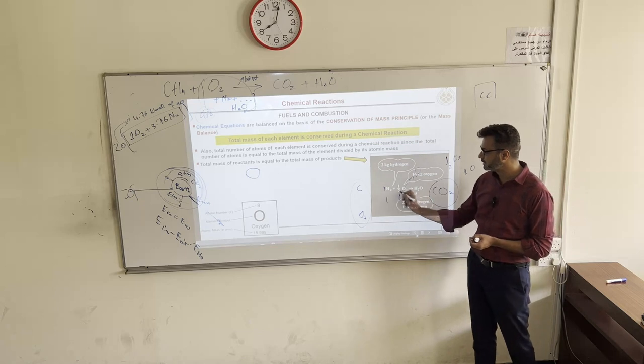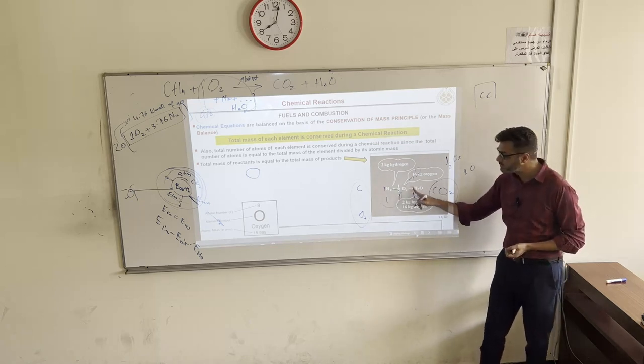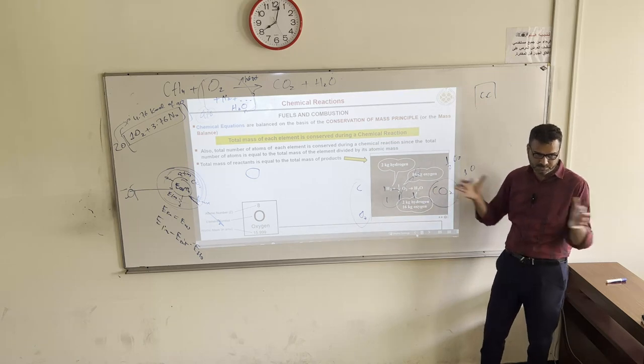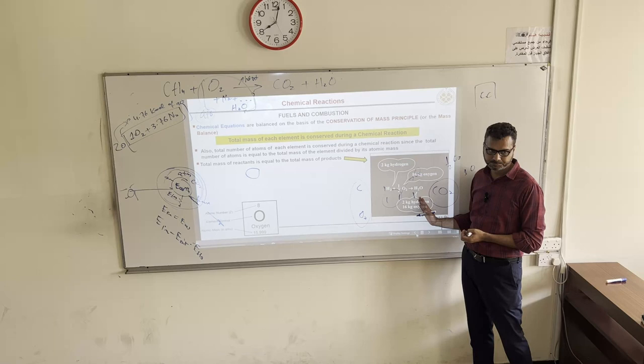So here the number of moles is more, here the number of moles is less, of H2O, not H2 and O, because those are combined. So the number of moles has changed.